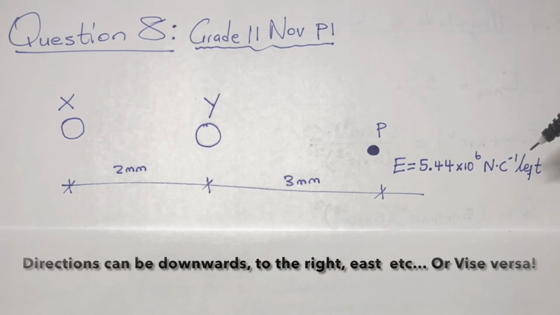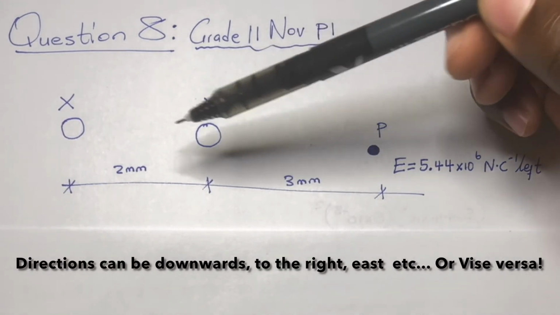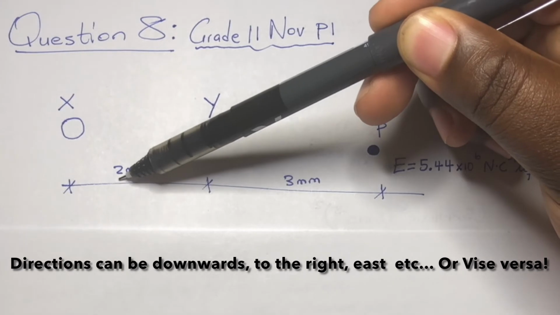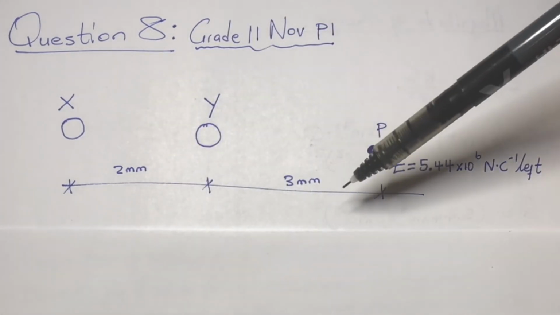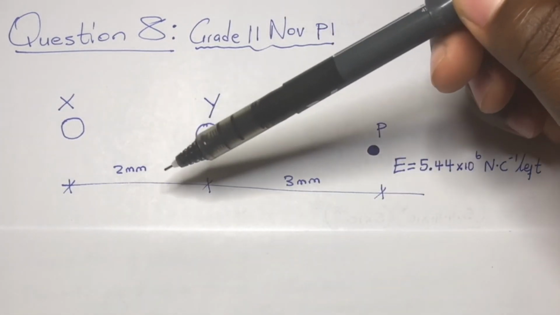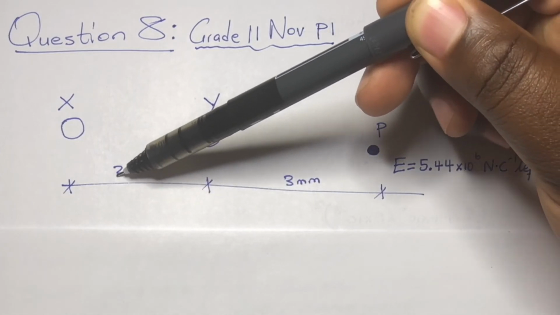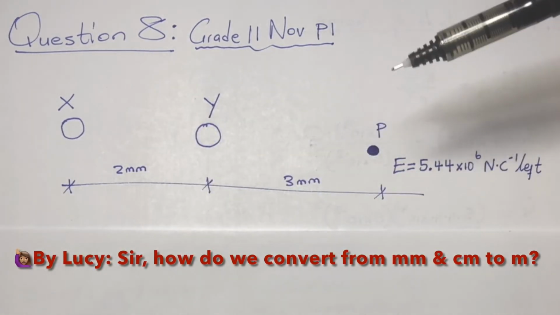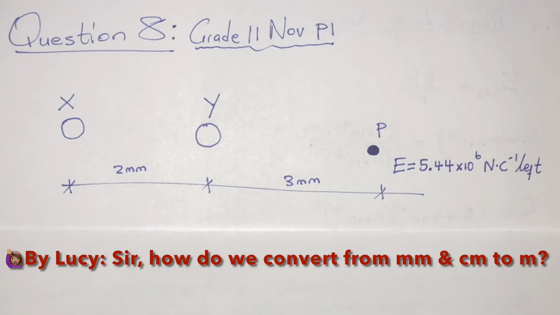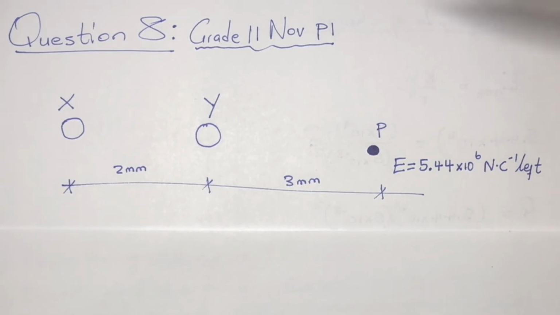So again, in physics, you need to remember that we measure our distance in meters. So that means you might need to straight away convert your millimeters to meters. So I normally just do the conversion on the drawing.